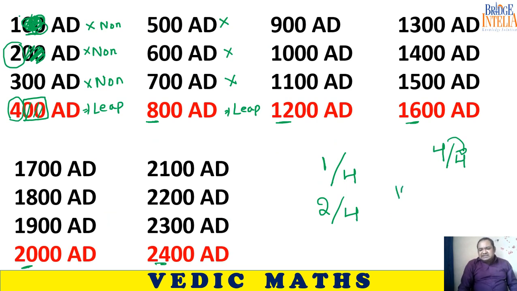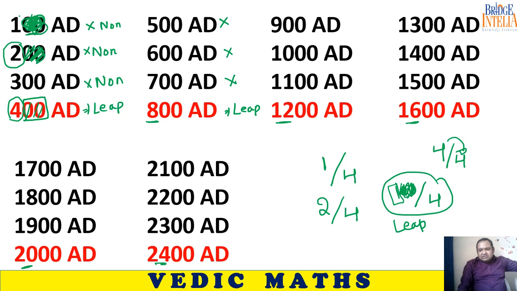Though 100 is divisible by 4, so normally it looks like that this must be a leap year, but no. The rule says that if last two digits are 0, the divisibility test has to be done on the remaining digits. Therefore, please understand which ones of these are leap and which ones are not.